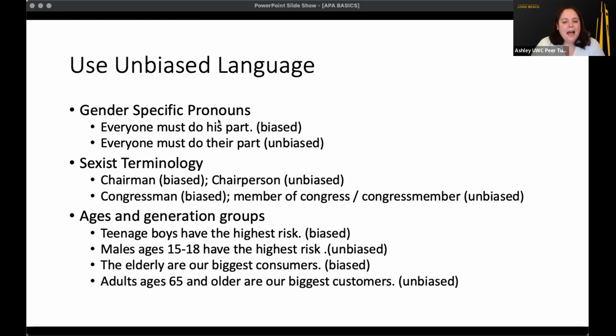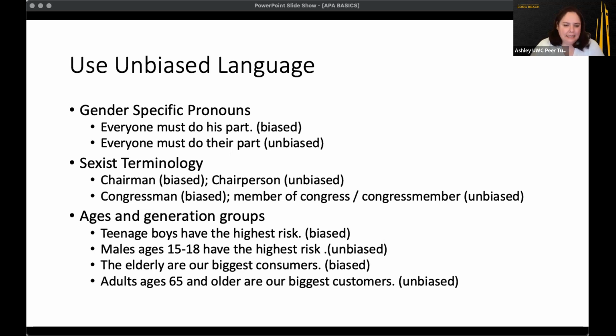You want to make sure that you write, everyone must do their part. That is unbiased. You want to eliminate sexist terminology. How do you do that? Instead of writing chairman, you want to do chairperson. Congressman, that's biased. Instead, write member of Congress or Congress member.